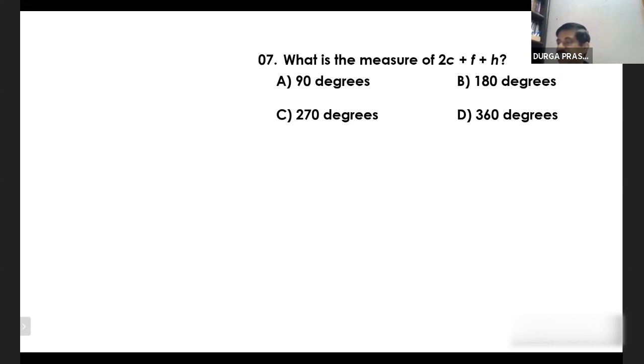What is the measure of 2C plus F plus H? So what is C? This is C, F is this, and H is this. So F is equal to H. They are vertically opposite angles.